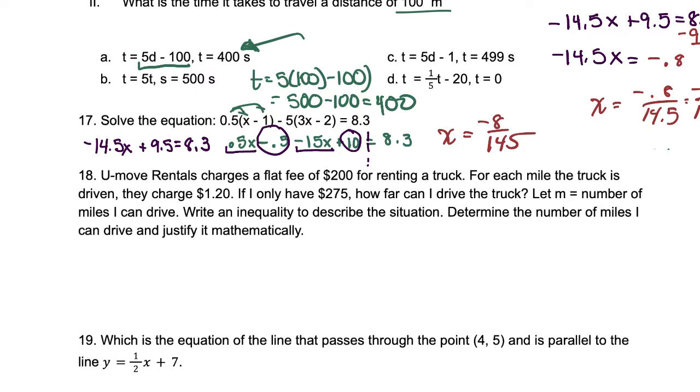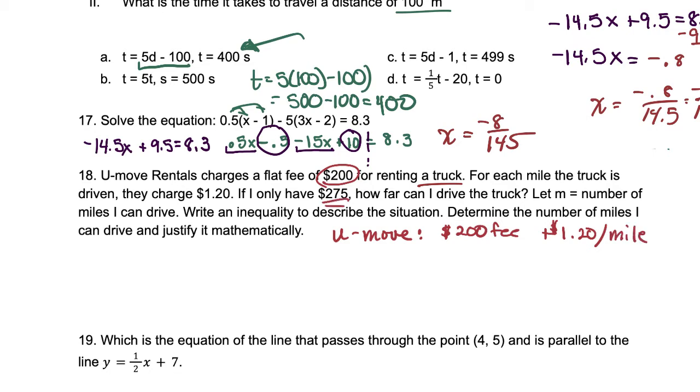Number 18. U-Move Rentals charges a flat fee of $200 for a rental truck. So U-Move charges a $200 flat fee. For each mile driven, they charge $1.20 per mile.